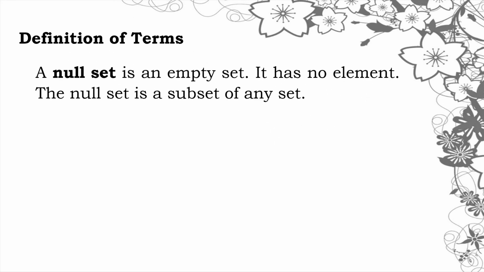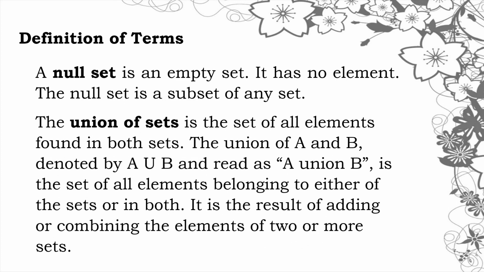Next term that we have is a null set. A null set is an empty set. It has no element. The null set is a subset of any set. Next term is the union of sets.